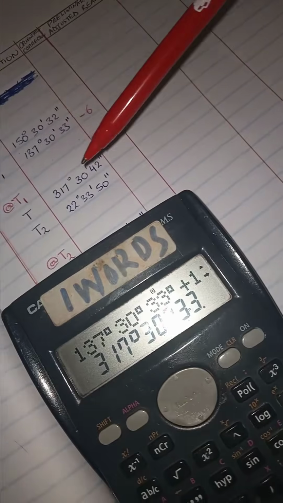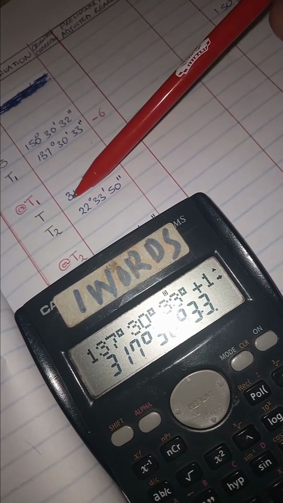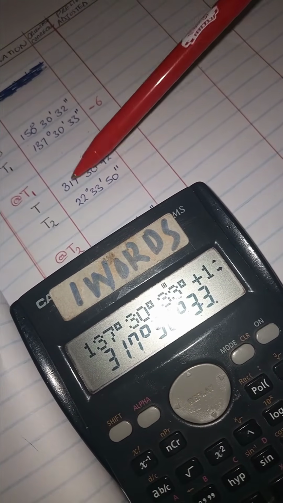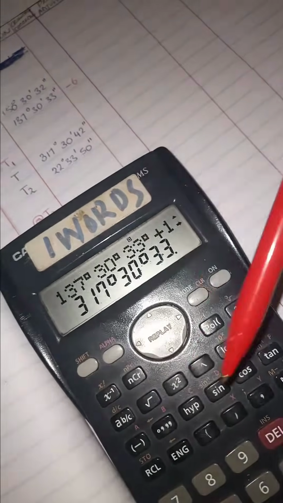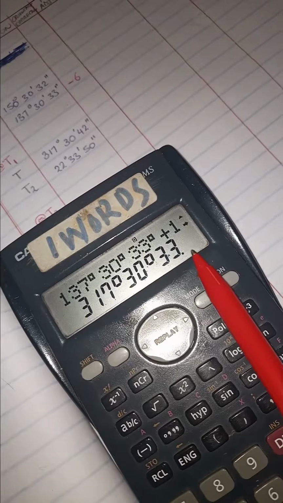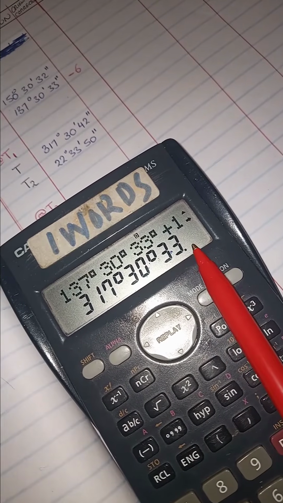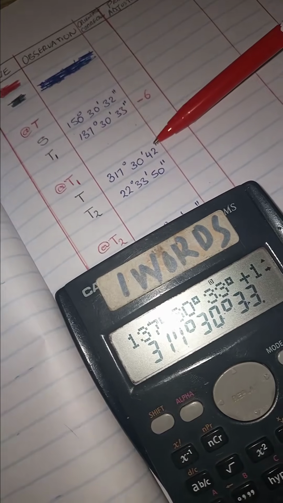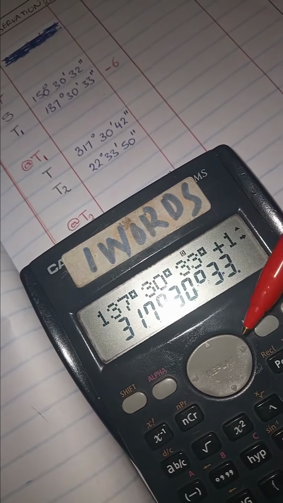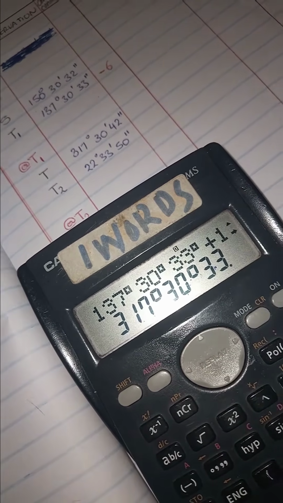But the observed value we had was 317, 30, 42. That means this value was the correct value, so we need to correct what we have observed in order for it to resemble this value.